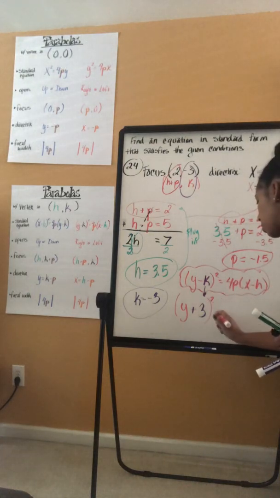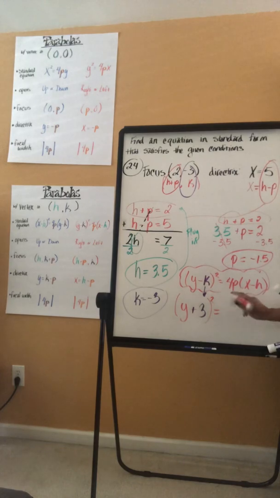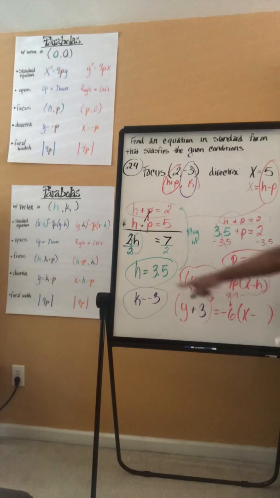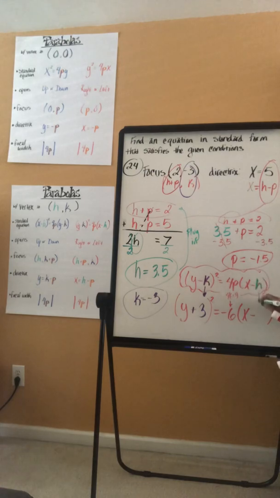Square it, it equals 4 times P. P was negative 1.5, and 4 times negative 1.5 is negative 6. And then I have X minus my H, and my H was 3.5. So we just fill that in there, and that is our answer.